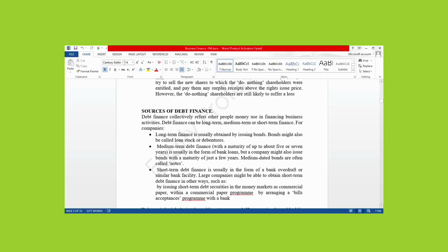We also discussed bank loans, long-term bank loans. A company can obtain borrowing from a bank, and we said bank loan is not tradable. Bank loan is not marketable.